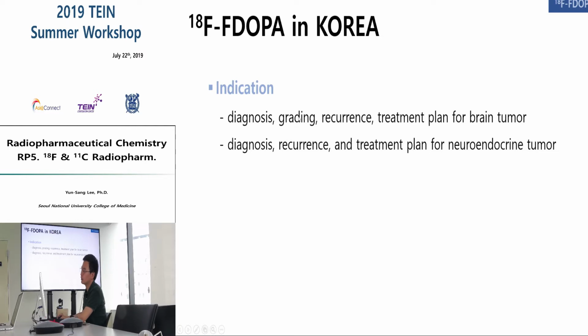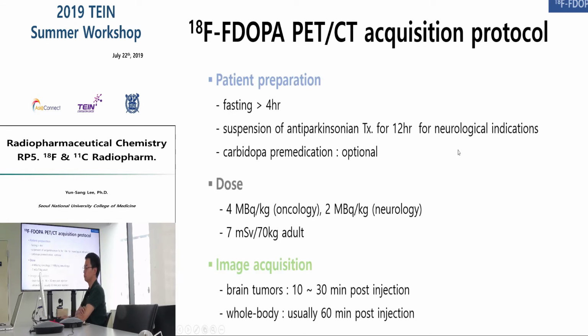And second, which has been recently approved, is FDOPA PET, and the indication right now in Korea is for two types of tumors. First is brain tumor, for diagnosis, grading, recurrence and treatment planning. And second is neuroendocrine tumor, which is also for diagnosis, recurrence, and treatment planning. And this is a brief introduction to the preparation.